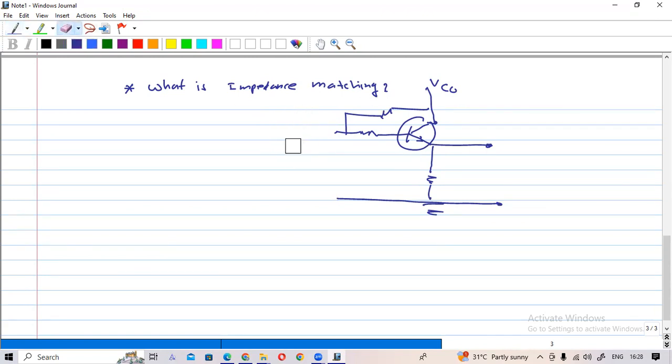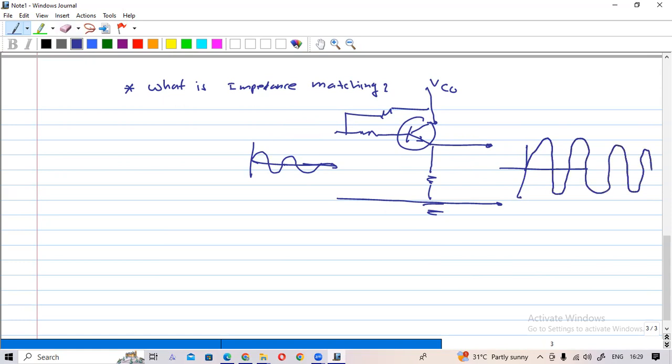Now we need to insert a signal. When we insert a signal like this, this signal will be amplified and you will have the amplified signal like this.